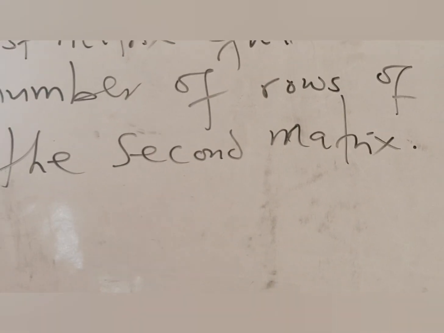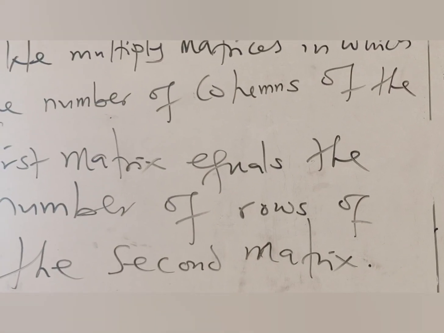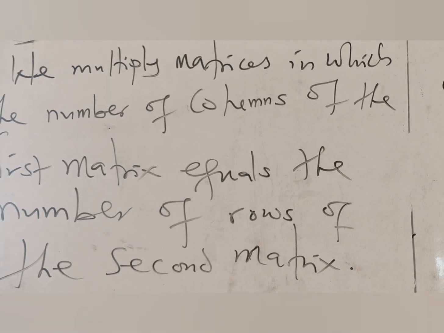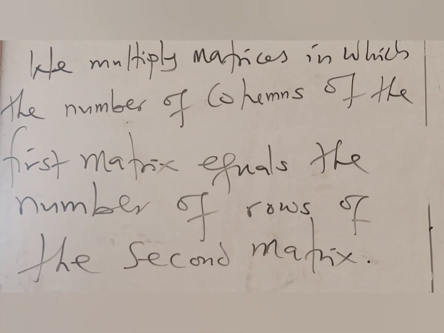So the number of columns of the first matrix must be equal to the number of rows of the second matrix before you can multiply those matrices.